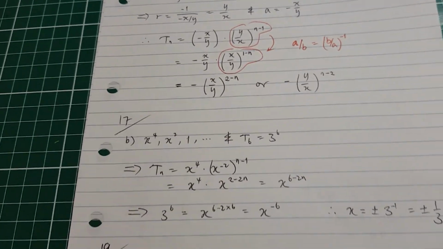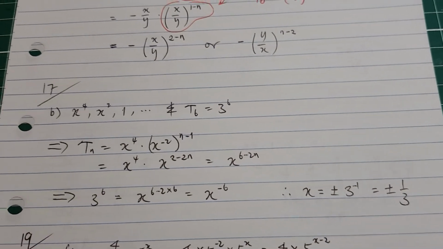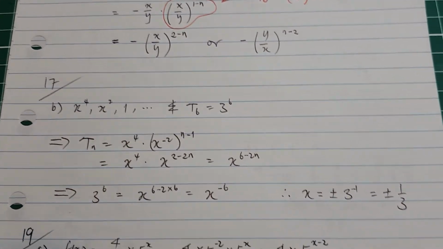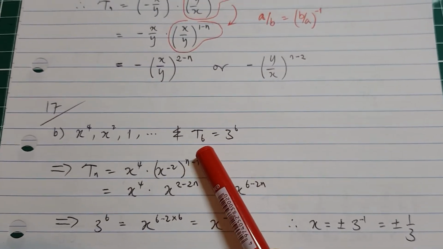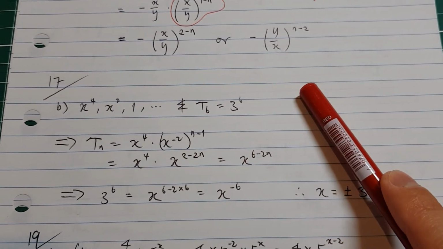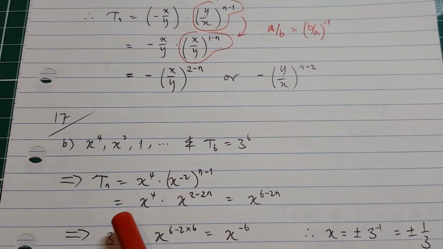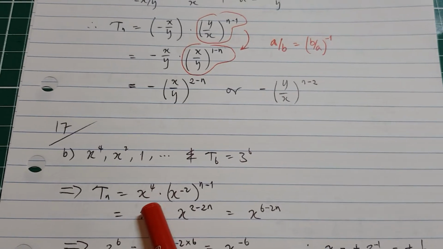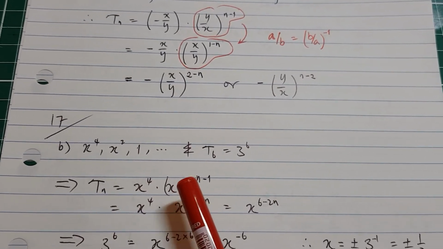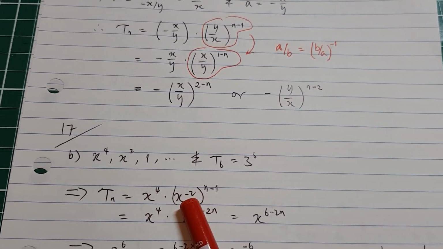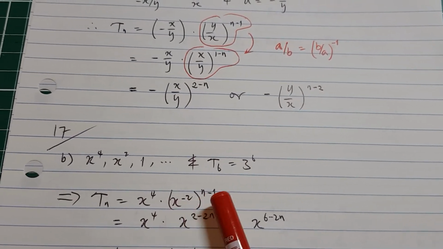Okay. Question 17. So that's the sequence, and you were told that the sixth term is 3 to the 6. Okay. So the nth term then will be the first term times the, sorry, the common ratio to the power of n minus 1.